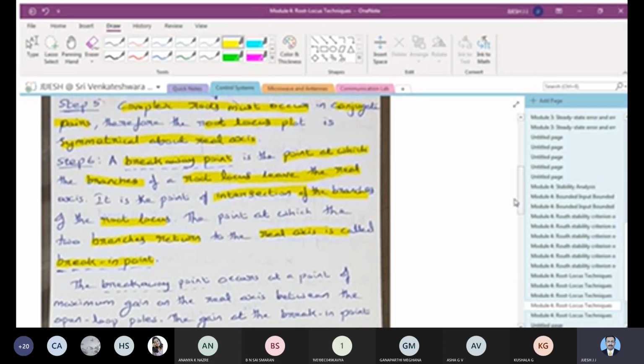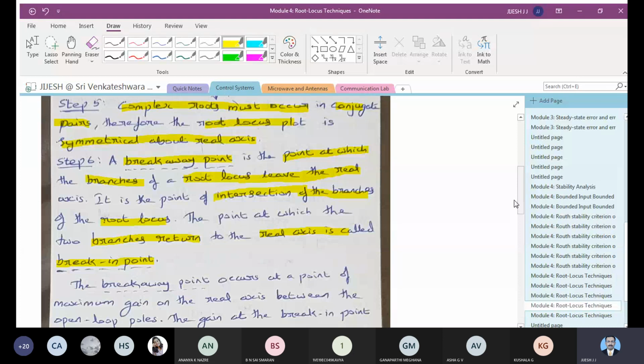In some problems we can see that breakaway points and break-in points are considered, as well as all the steps you have studied. We'll be finding the poles and zeros, then the asymptotes, at which angles, centroids, all those things.